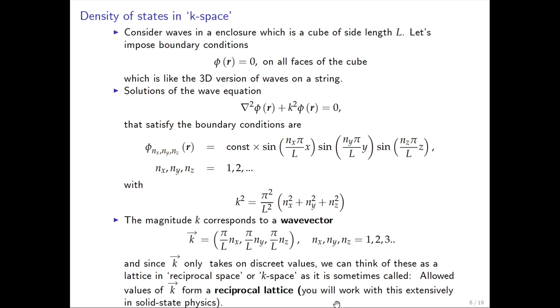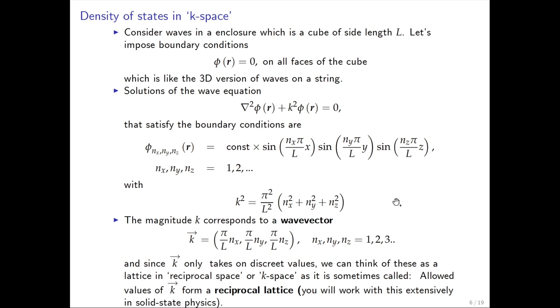And if you take solid state physics next term or next year, then you'll work a lot in k space and the reciprocal lattice. So anyway, we have this lattice of allowed values in k space, which represent the solutions to this particle in the box.